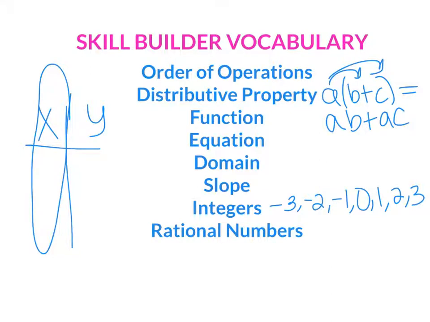Alright, so rational numbers can be whole numbers, so I could have 2 or -3, but they also can be fractions, so they could be 1/2 or maybe 3.25, but the denominator cannot equal 0 because then it's not really a number, because remember you can't divide by 0.